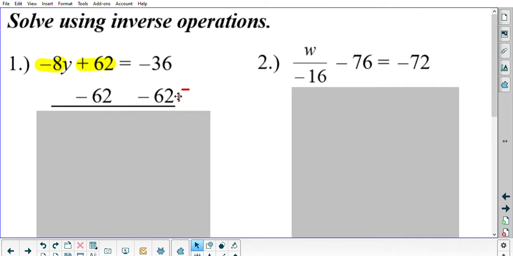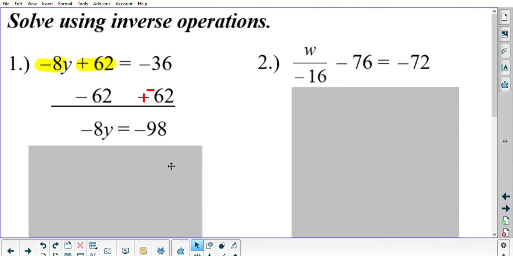We learned subtraction is the exact same thing as adding the opposite. And so that way, without a calculator, you can realize -36 minus 62 is the same thing as -36 plus -62. When you have a negative plus another negative, you're going to add in your head, and that result will stay negative. And that's how we get -98.